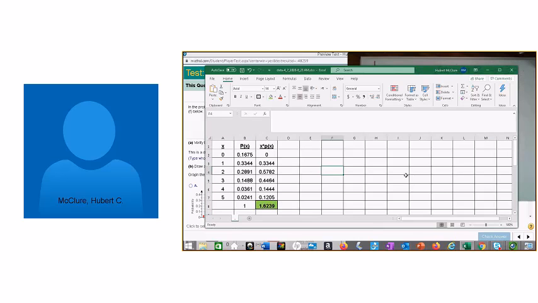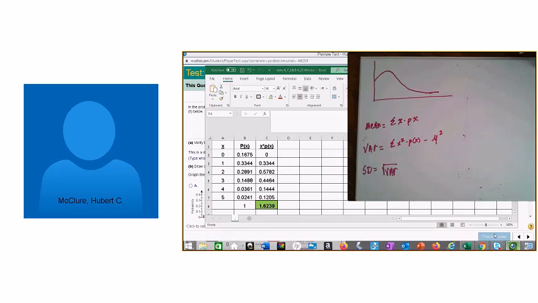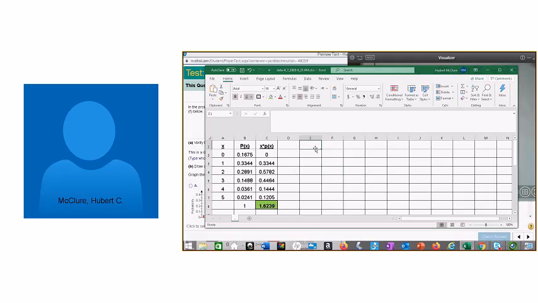All right, so anybody got any questions on the mean? Now we've got to find, let's go back to our handy dandy drawing, X squared times P of X. So I'm going to skip a line and put X squared right here. X squared equals this number raised to the second power. And copy that down.